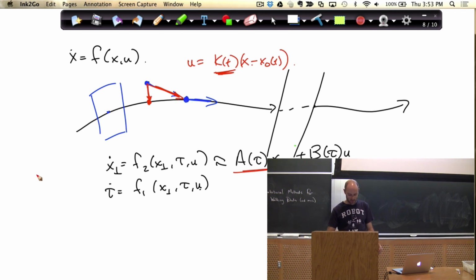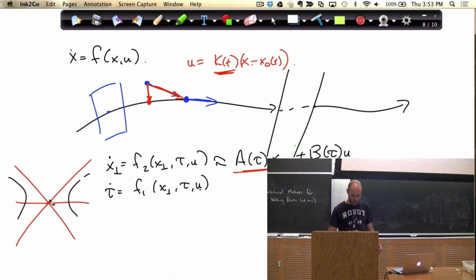Let me tell you that story. In the pendulum, say I'm trying to stabilize this point. Let's say I have a trajectory that's coming in and goes like this, and if I pick this as my transverse coordinate, there's nothing I can do at the end of time.